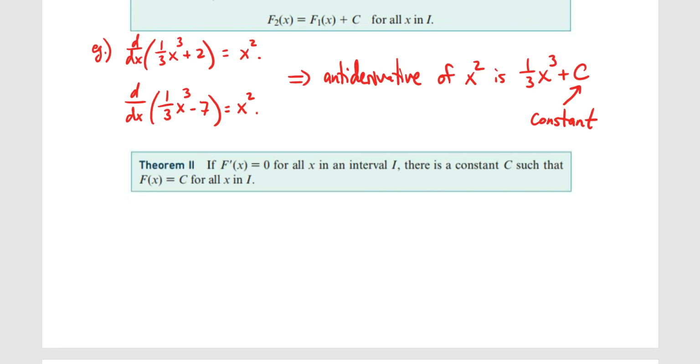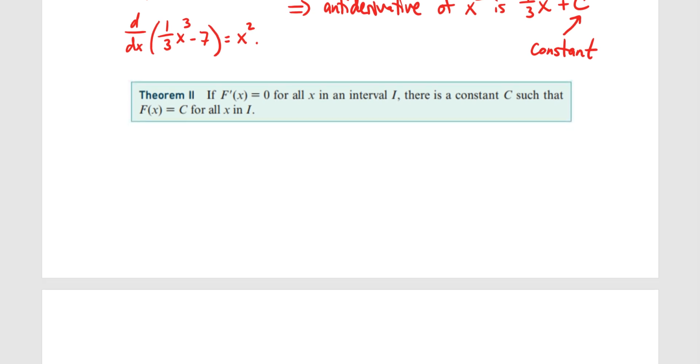And that sort of brings in theorem 2. So let's see an example. If we want the derivative of 7, let's say, the derivative of a constant is 0. And then let's say we want the derivative of -3. The derivative of the constant is 0. And we can keep on going. The derivative of any constant is 0.